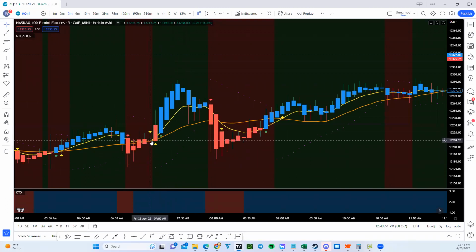Well, immediately following this, we have this candle here, still colored in red, because the code that formulates the coloring of these candles isn't going to be perfect. But we do see a couple things that tell us that we're now entering a new uptrend. For one, we have this yellow up arrow here representing a cross back over of the 9 over the 21.